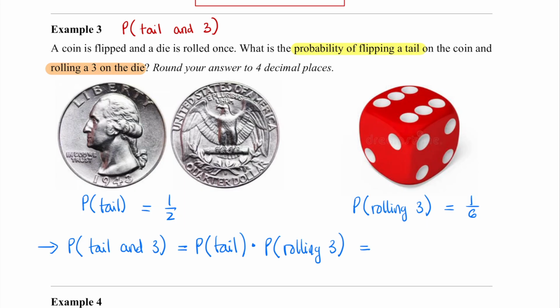So we'll take 1/2 multiplied by 1/6, which is 1/12. And the question is asking for a decimal rounded to 4 decimal places. And that is 0.0833.